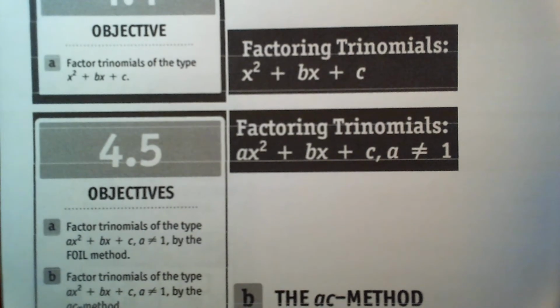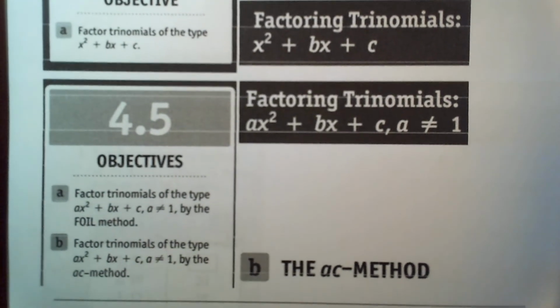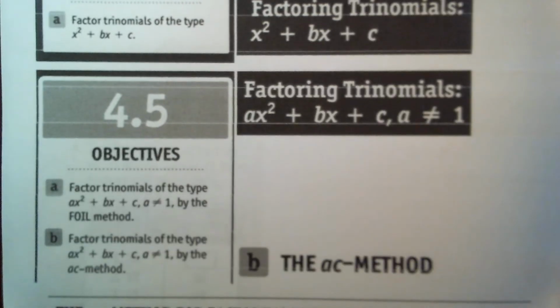Again, you have to trust me with that. So the method that I will teach you is called the AC method, and that's the second part here: factor trinomials of the type ax squared plus bx plus c with a not equal to 1 by the AC method. That is exactly what we'll be focusing on for the next few minutes, the AC method.